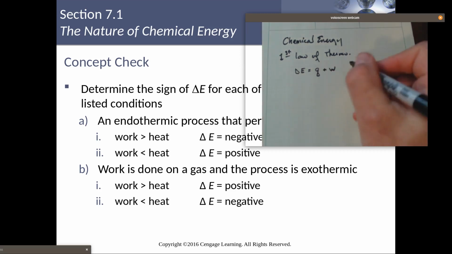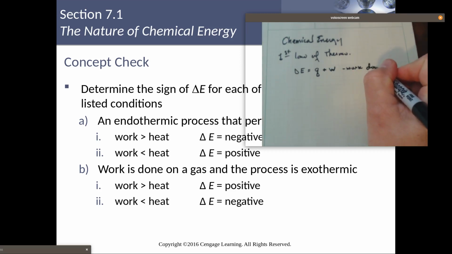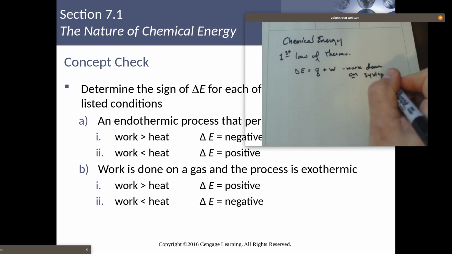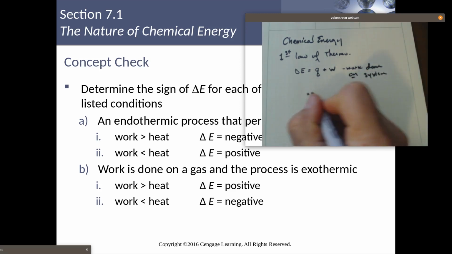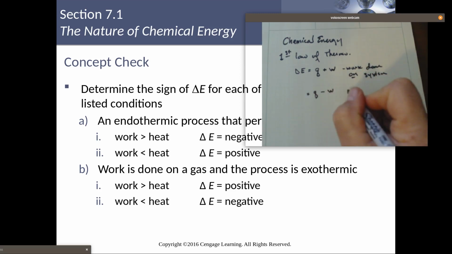Again, this is work done on the system. Or I could write this equivalently in terms of the heat added to the system minus the work done by the system.